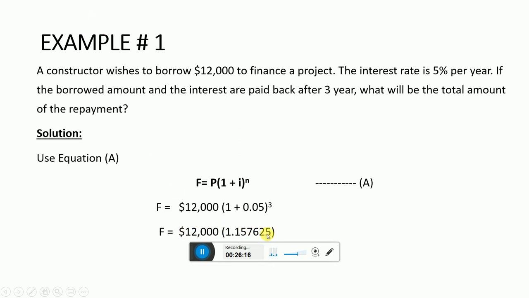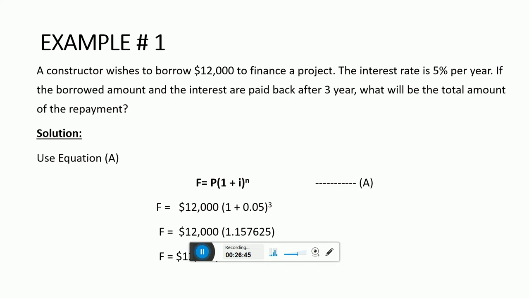So we have to multiply it with 12,000. So we get 13,891 dollars. This is the future amount which would be repaid if a constructor borrows $12,000 to finance a project right now.